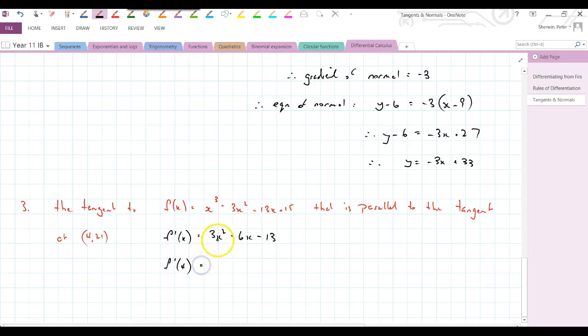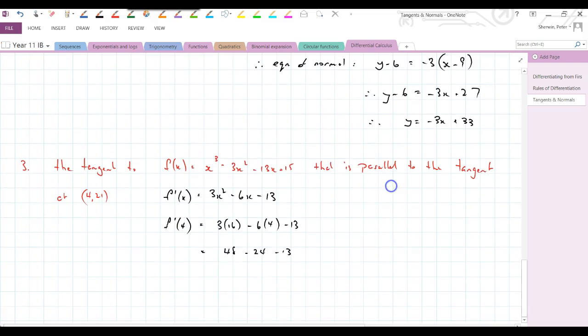So f dash 4 is equal to 3 times 4 squared, which is 16, minus 6 times 4, minus 13. 3 times 16 is 48, take away 24, take away 13. So we're left with 24 minus 13. That's 11, isn't it? So my gradient at this point is 11.